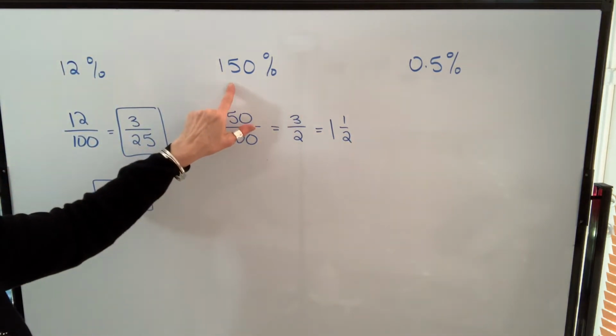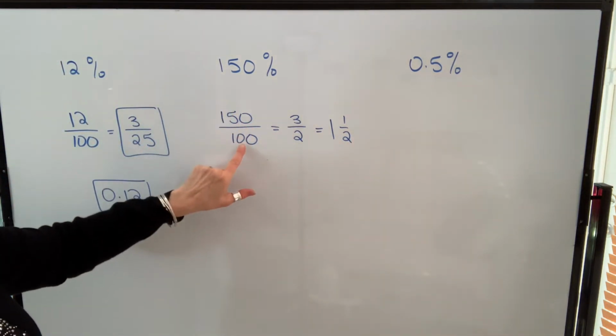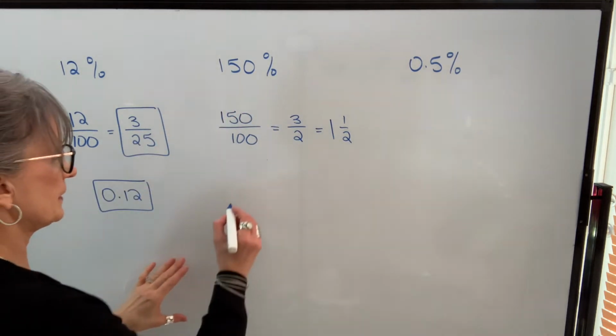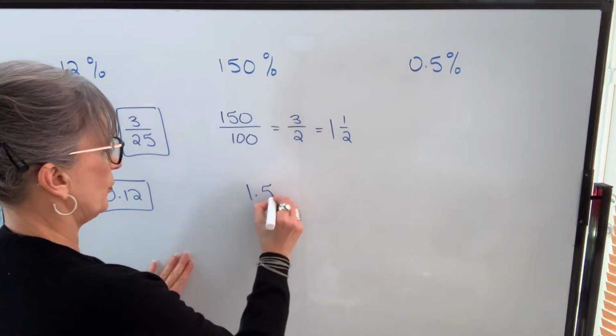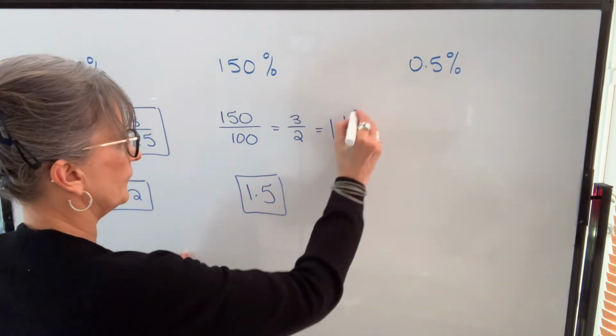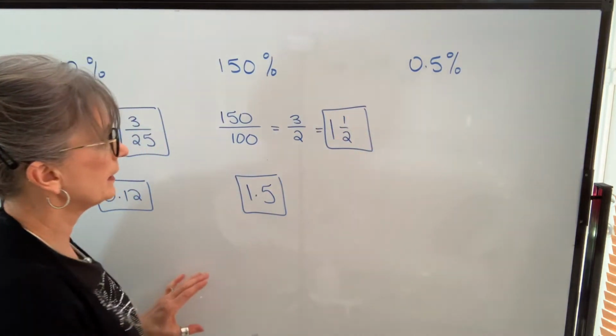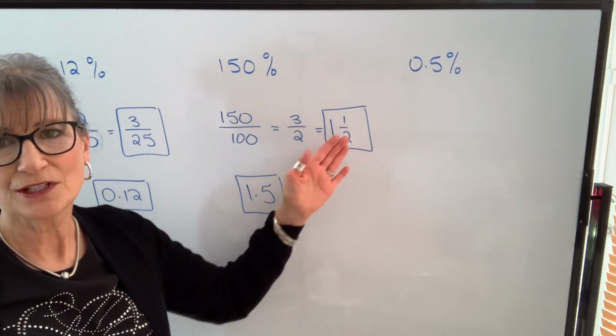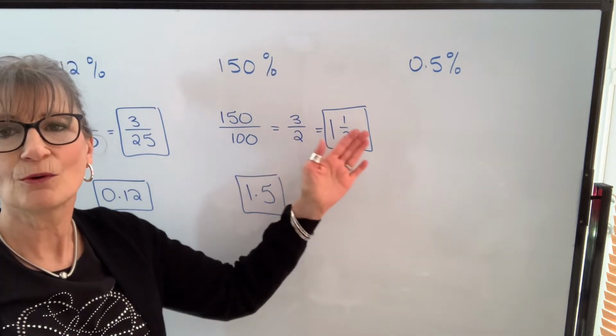If we want to change this to a decimal, we're going to divide by 100, but we're not going to put it over 100 and create a fraction. The way that we're going to divide by 100 is we're just going to move the decimal point 2 places to the left. So this will be equivalent to 1.5. So again, depending on the form that you want your result, 150% is either 1.5 or 1 1/2.